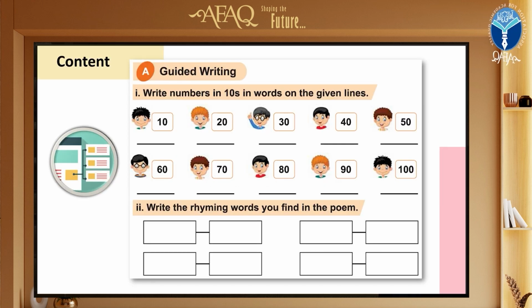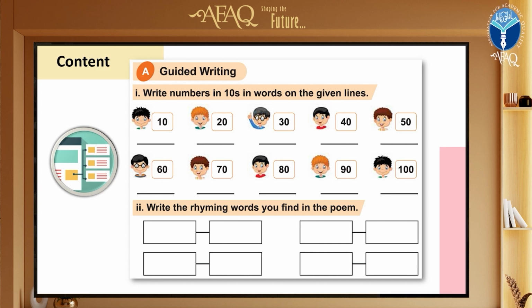We are going to write numbers in tens in words on given lines, right? We are going to write the spellings of 10, 20, 30, 40, 50, 60, 70, 80, 90 and 100. All the tens from 10 to 100, you are supposed to write the spellings of these tens.